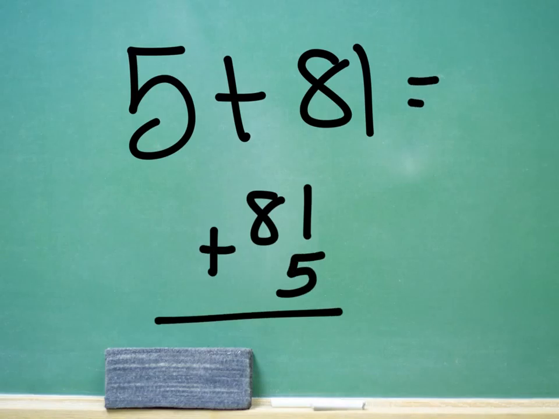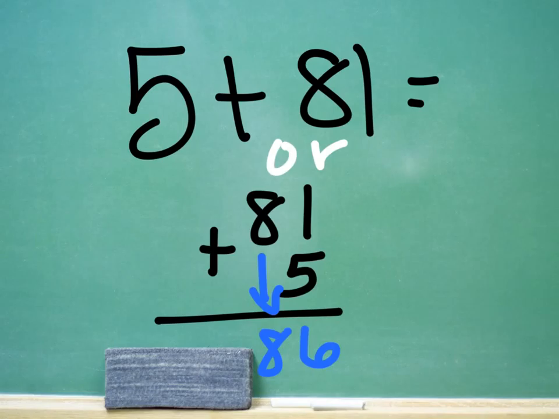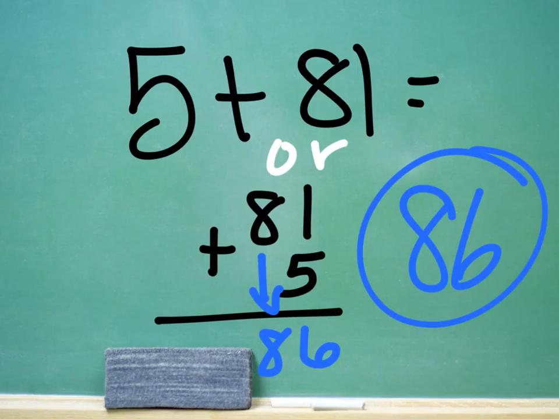Whichever way you want to do it, you can still get the right answer. So, what is 5 plus 1? 5 plus 1 equals 6. And now we bring down the number 8, and now we have 86. 86 is our final answer. Okay?